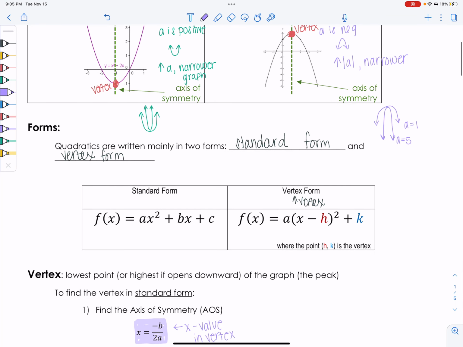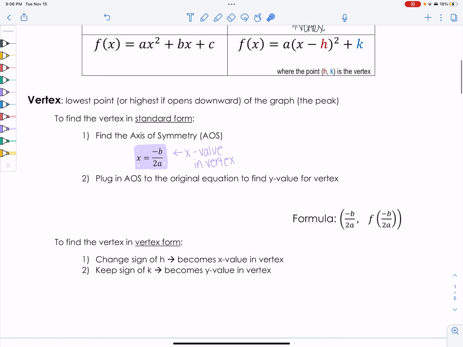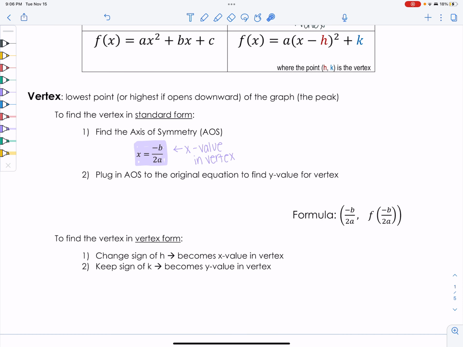The axis of symmetry is always going to run right through the vertex. So if I find that number first, then that tells me the x-coordinate, and then I'm going to plug in the axis of symmetry to find out the y value.